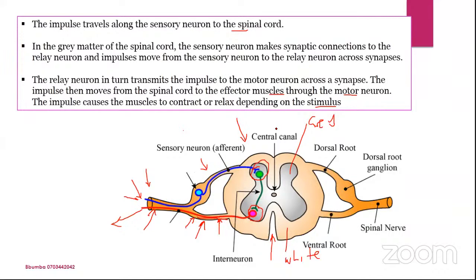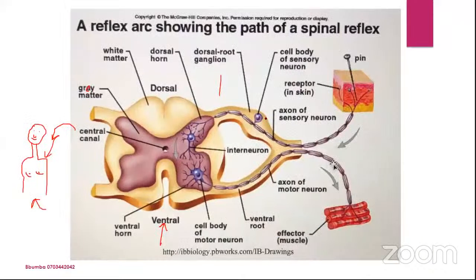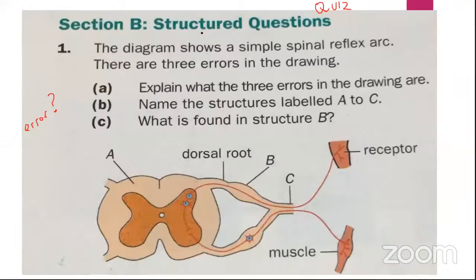Now, let me go back to the question. The question is simple. Can you try to identify those errors in this diagram? You can raise your hand. You tell us whether you have been able to identify the errors in the diagram.